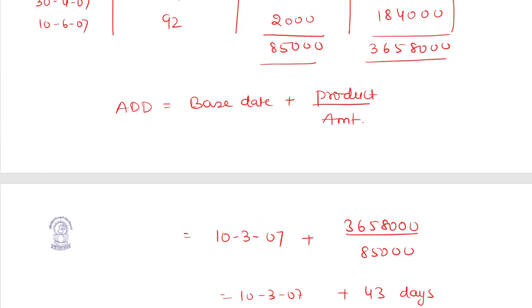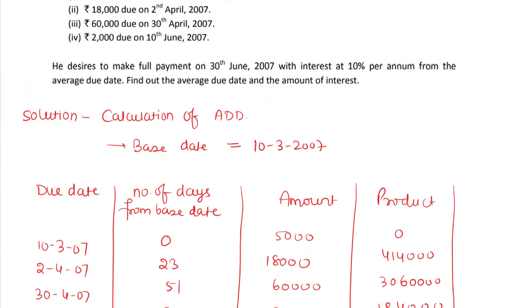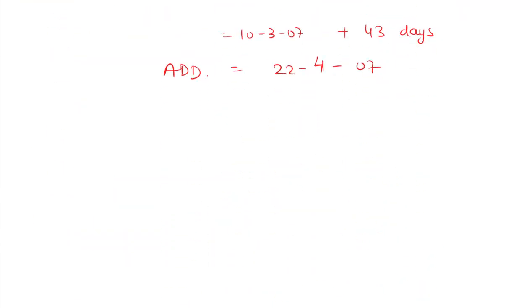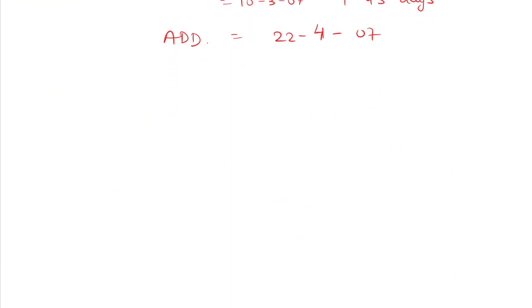In the question, it is given that E desires to make payment on 30th June 2007. So he needs to pay interest at the rate of 10%.